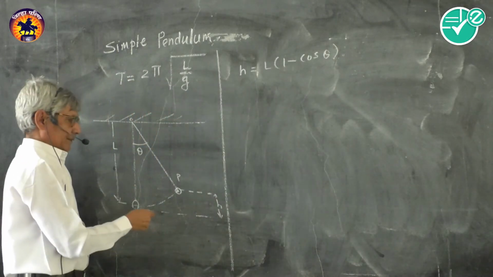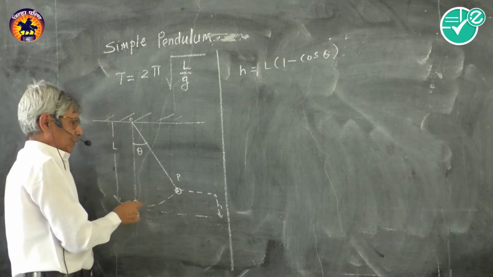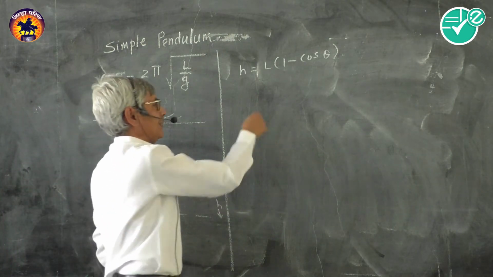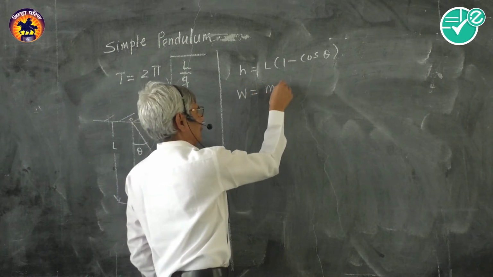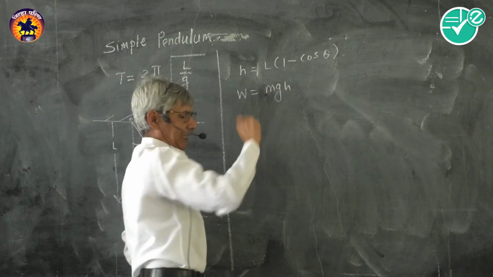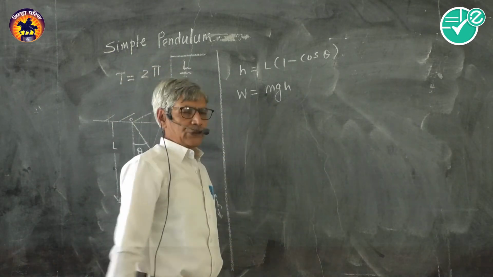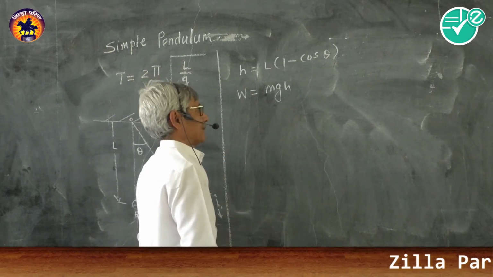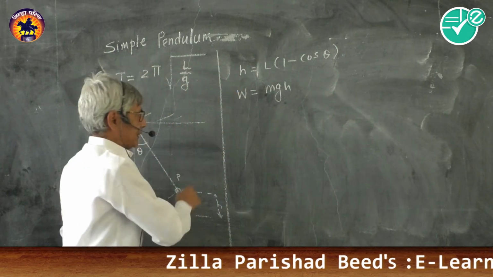The work done in moving the bob from position Q to position P is given by W equal to mgh, where m is the mass of the bob of the pendulum and g is acceleration due to gravity at the given place. h is the height through which the bob is lifted.